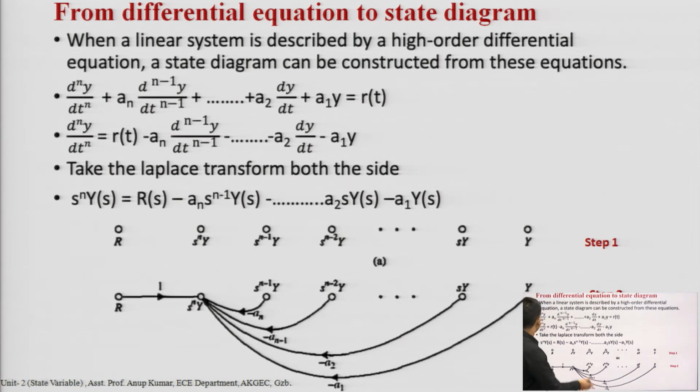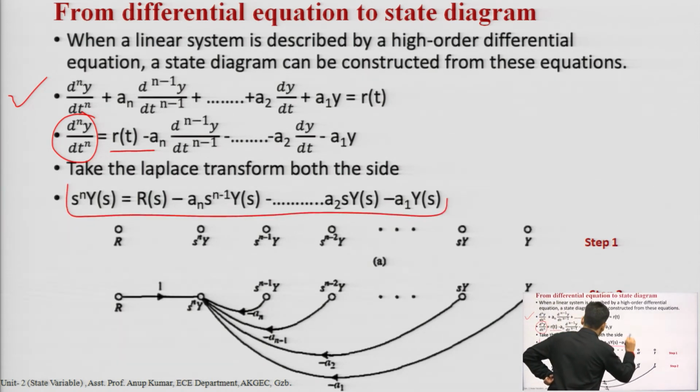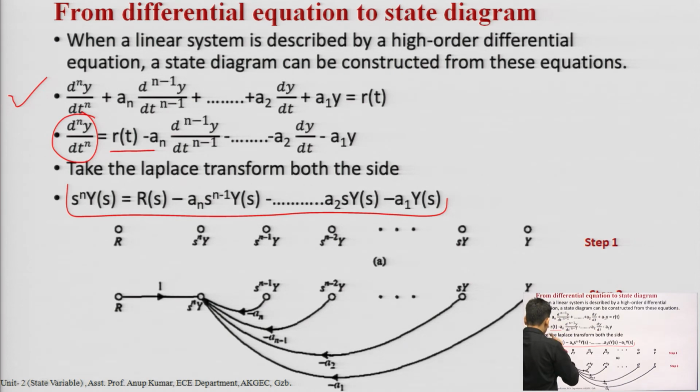Here, this differential equation is given to me, nth order. So, what I will do? I will keep my highest order in the LHS and all the variables in the RHS. Then I have to take the Laplace transform on both sides. Now, I have to arrange the dots.